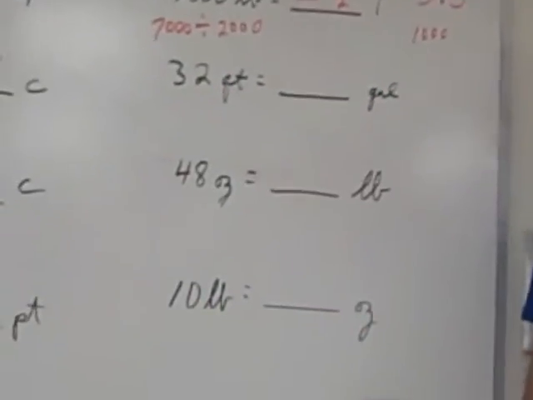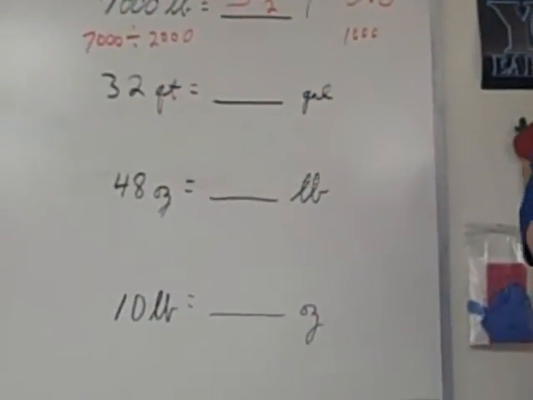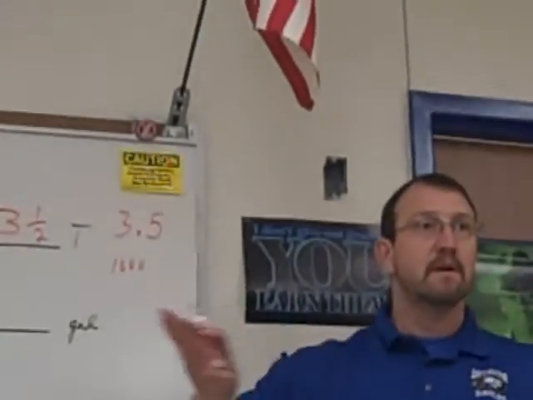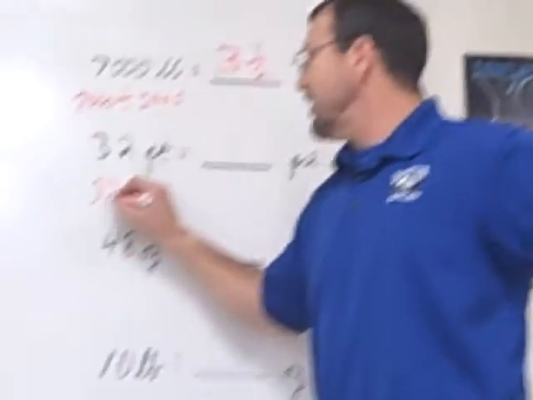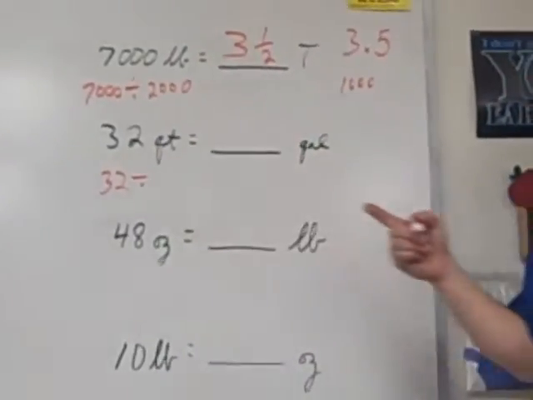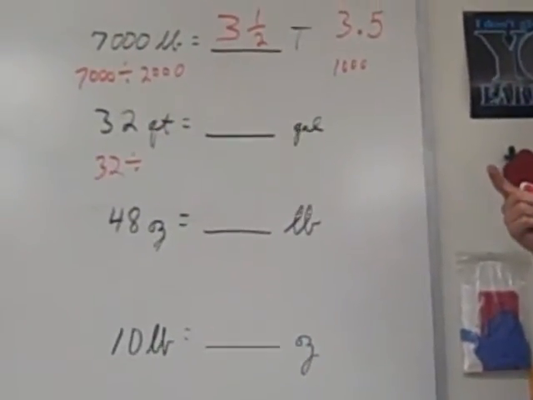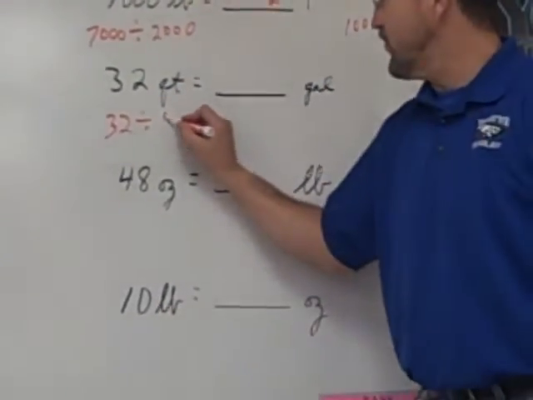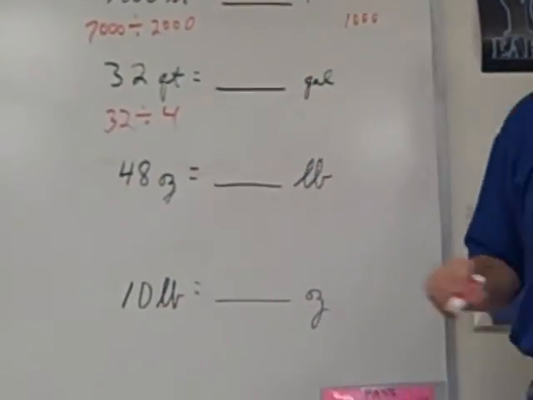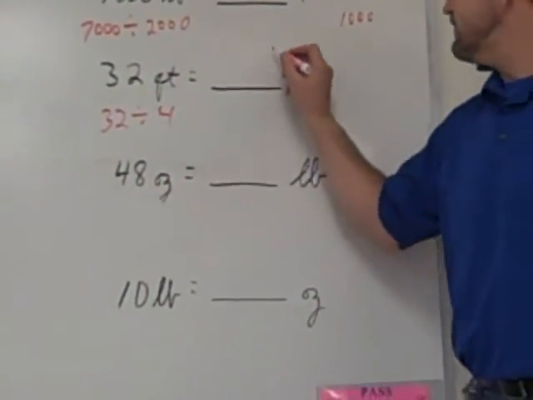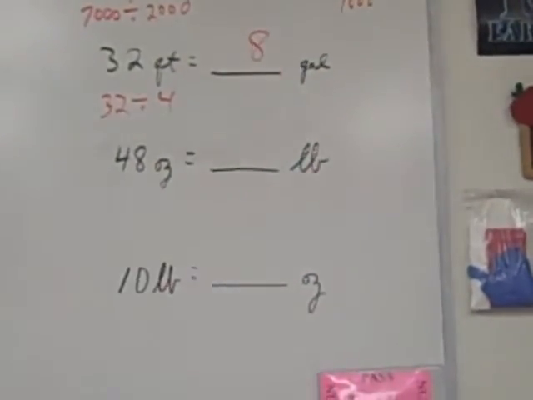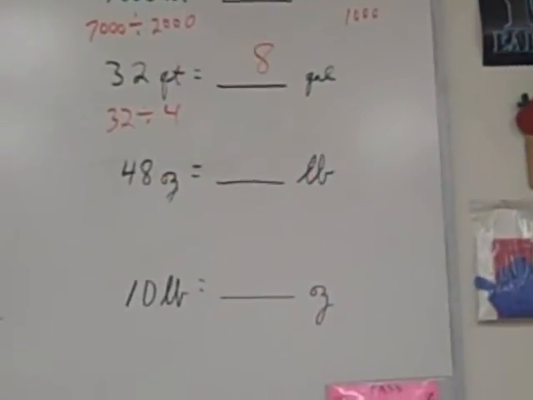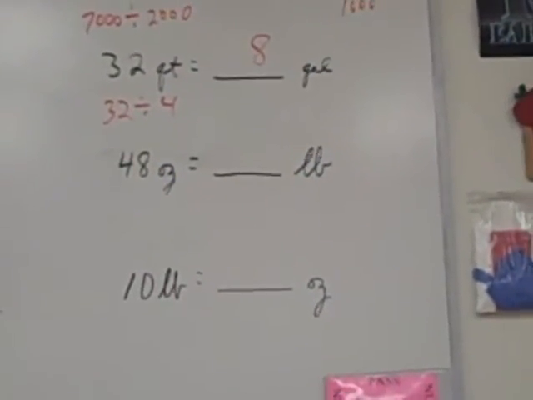32 quarts to gallons. Quarts, gallons, divide. 32. Is quarts and gallons on the same line? What's the number? 4. So use 4. 8 gallons. 48 ounces, pounds. 48 ounces in pounds.